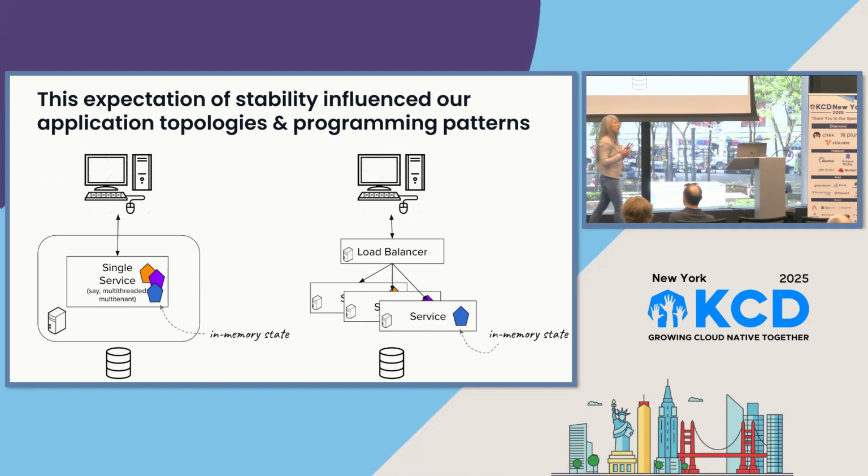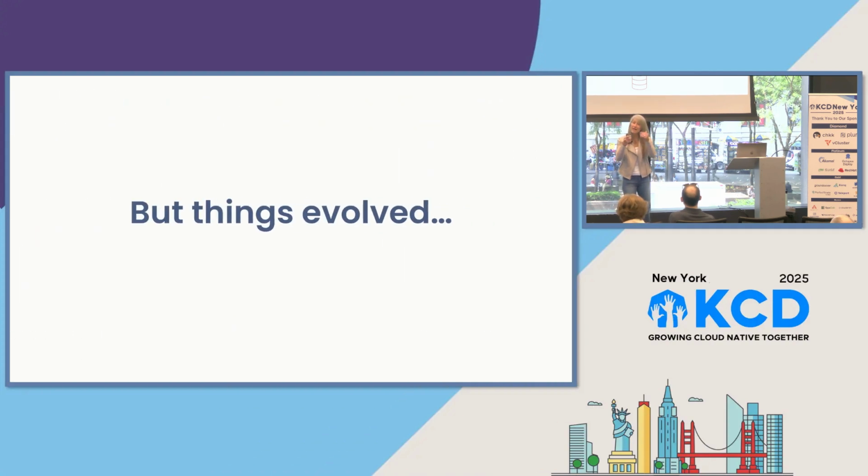And even as our architecture started to change and we got a little bit more horizontal, we still made that assumption of stability. So those instances were going to stay alive for a long time, and we built sticky sessions. That was a pattern we used to make sure that subsequent requests went to the same instance, because that's where your local state was.